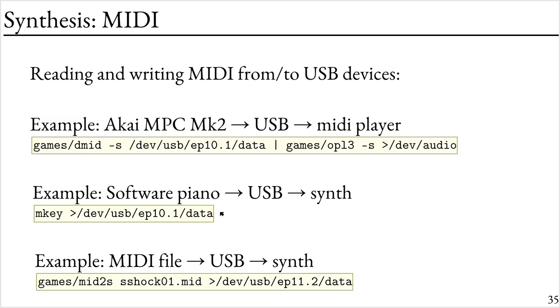You can go the other way and have something like MKey, which is a very simple software piano. It can write events as you press keys to a USB endpoint, which corresponds to the input for instance, a synth. And the same can be done with a MIDI file with MID2S, which streams the contents of a file in real time.